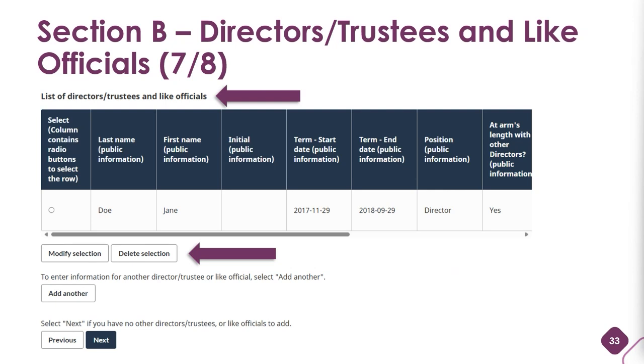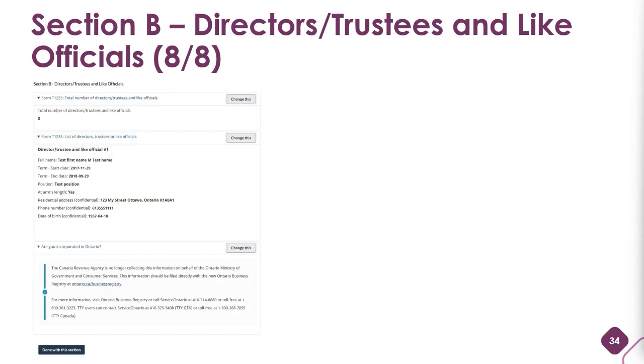And a quick reminder, every time you click Next, the information you've inputted and the progress you've made to this point will be saved. At the end of Section B, you'll see a summary of the information you've provided. Once everything looks good, you can go ahead and click Done with this section.